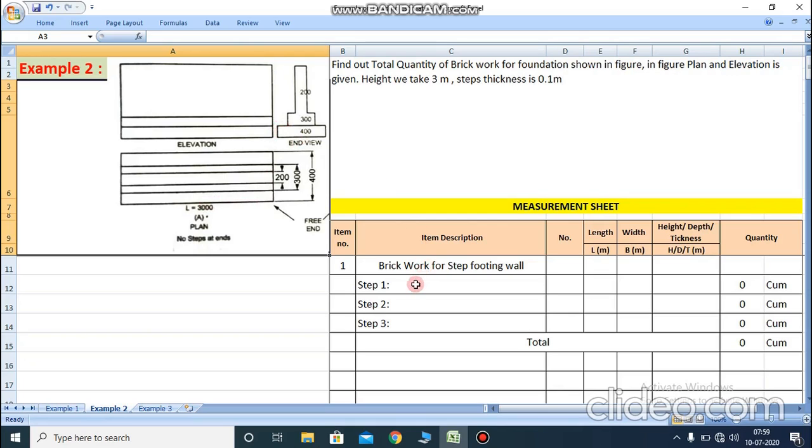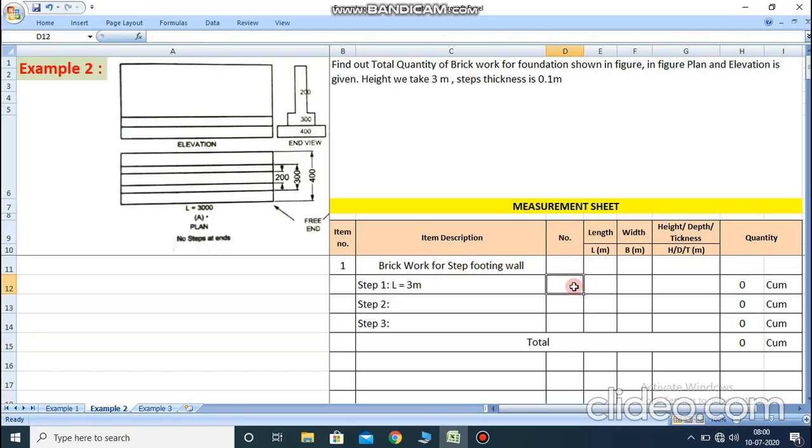So for step 1, length L is equal to 3000 mm, means 3 meter, and here no step footing is provided at both ends, so no step at the end of the wall. Only simple step footing is provided on both sides, not at the end sides. So we take the length as simply 3 meter.